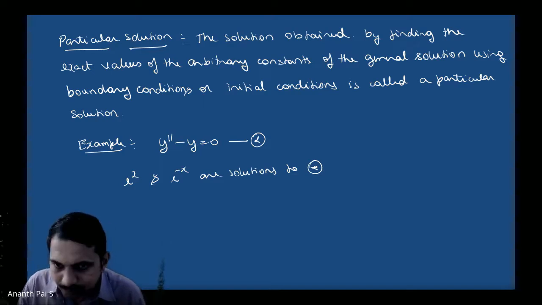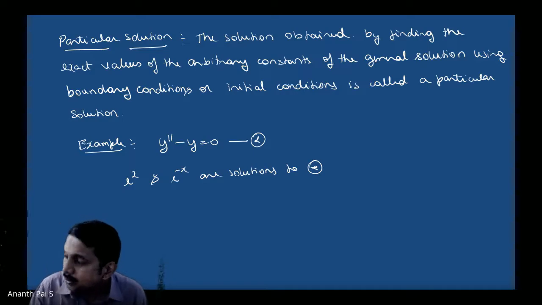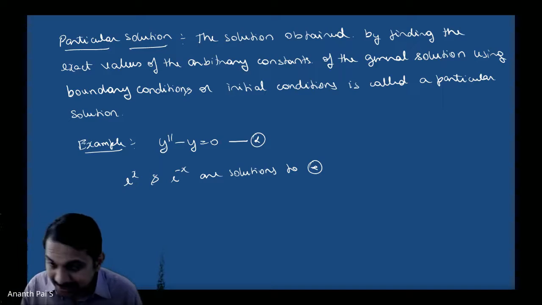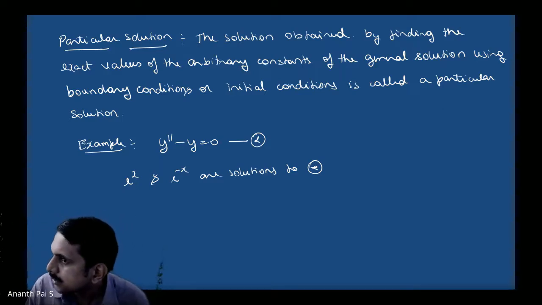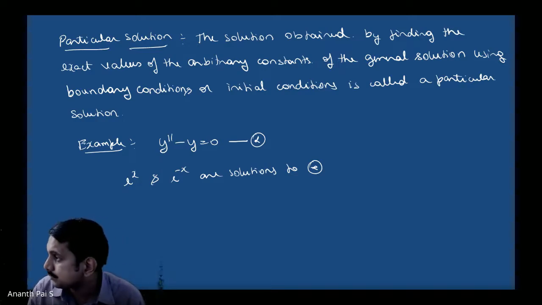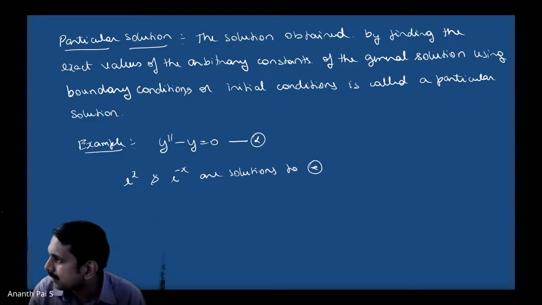Now we have to check whether they form a basis solution or not. How do you check that? We check whether they are linearly independent or not. If they are linearly independent, they can form a basis solution. If they are linearly dependent, they cannot.